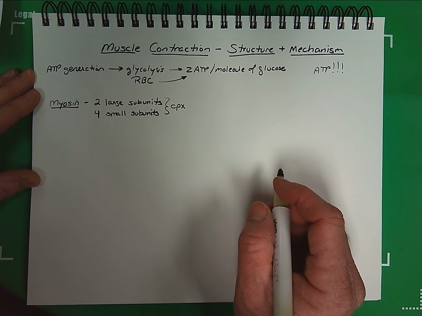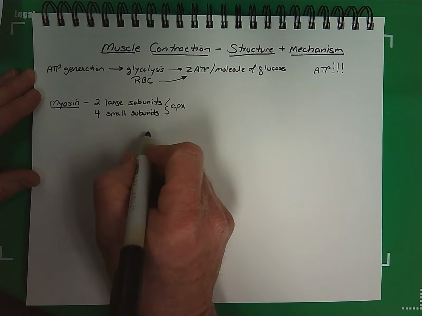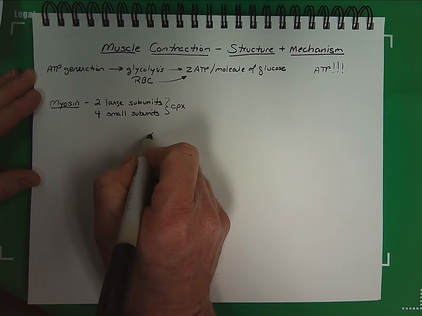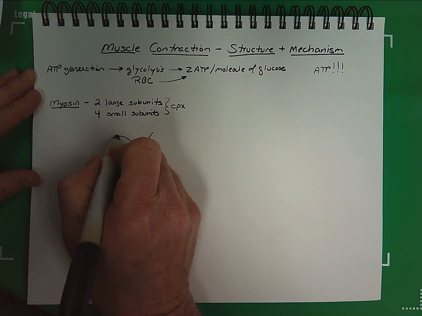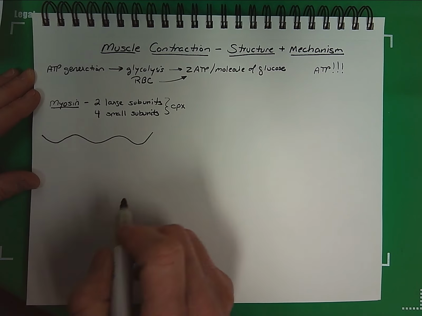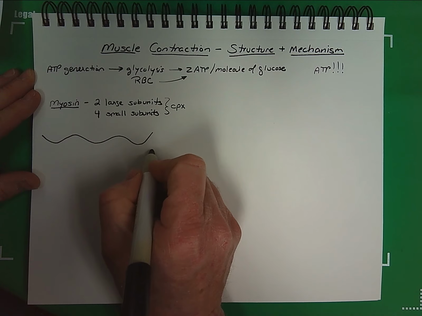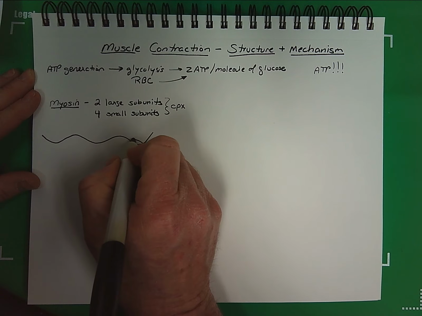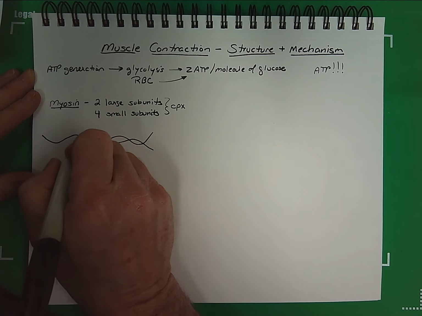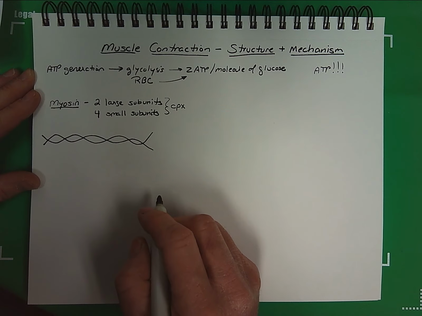Now the structure of myosin is essential for the function of myosin. So let's take a look at the structure. I'm going to draw myosin, for example. The first large subunit is a snake. The next subunit will be coiled around the first subunit.